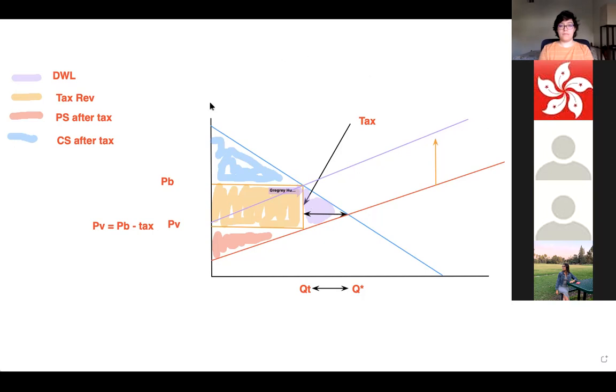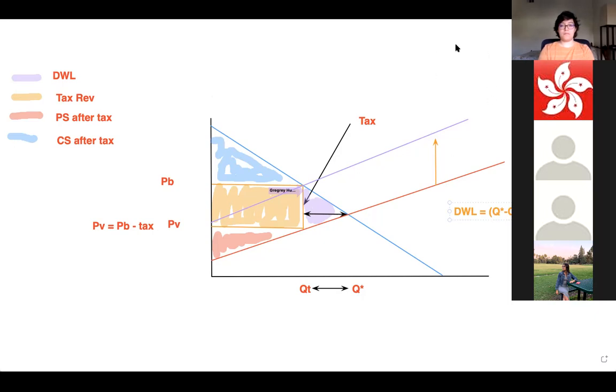So let me go ahead and I can just write it here. So deadweight loss is equal to Q star minus QT times, and I'm putting H as like the height, times 0.5.